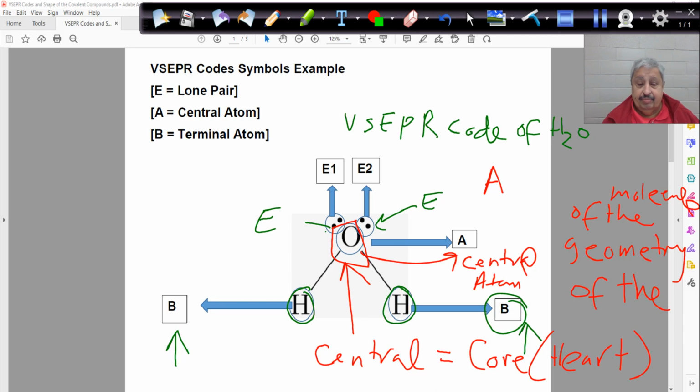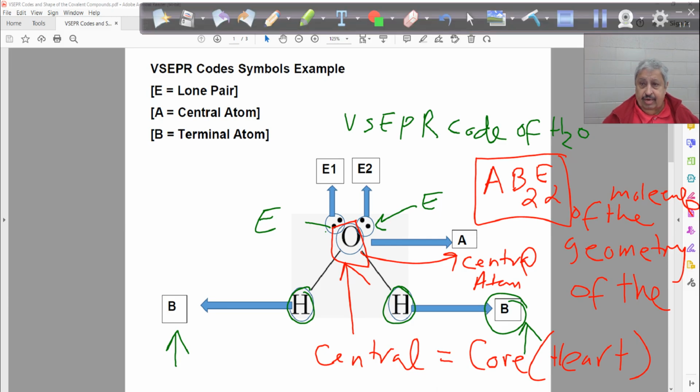How many B's do we have? We have 2 B's. How many lone pairs do we have? We have 2, E2. So I have AB2E2, correct? Now I'm going to look at the table, just for the molecular shape, not the electron geometry, just the code.